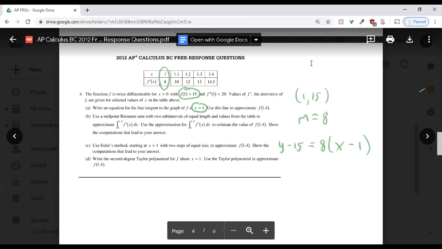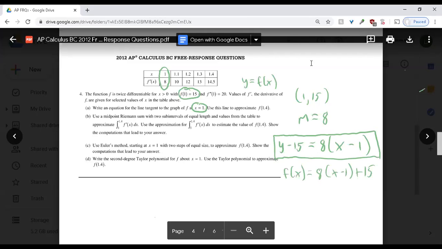If you want to leave it like this, that's fine. This would be 1 point right here, just writing the equation for the tangent line. So y is going to be your f of x here. You can also think of this as f of x equals 8 times x minus 1, plus 15, if you want to add 15 to both sides.